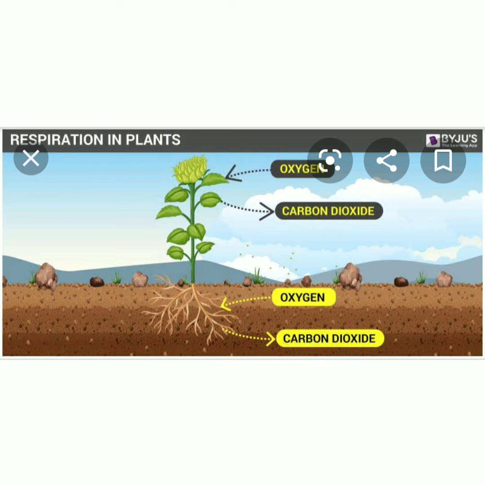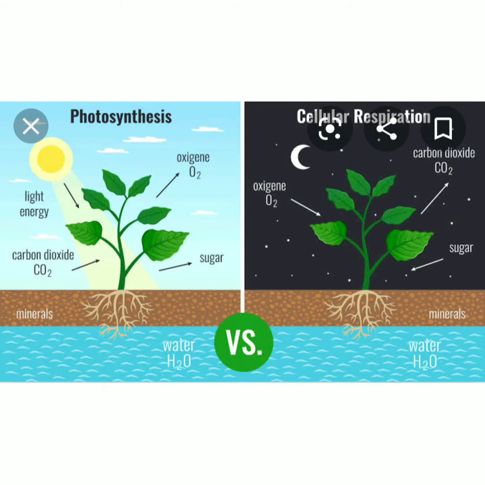Do you know why? Sunlight is essential for photosynthesis. So during daytime, photosynthesis and respiration take place. But at night, only respiration takes place, because without sunlight, photosynthesis does not happen. In short, daytime photosynthesis plus respiration, and in night time only respiration.